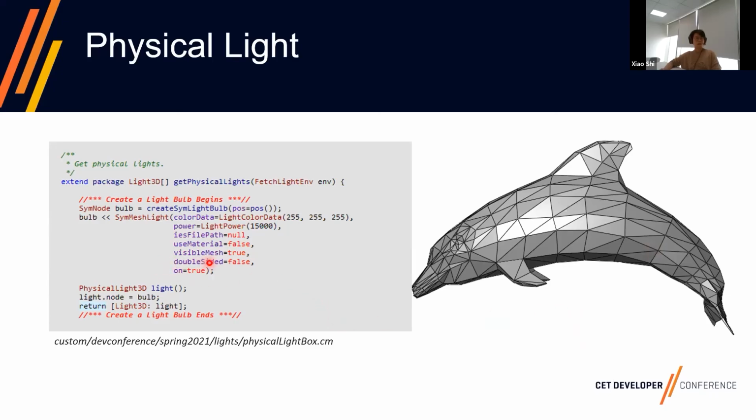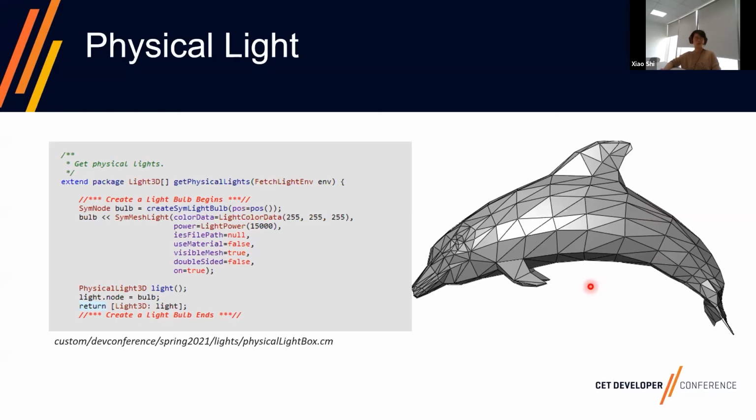And this double-sided means that inside of this model, it's actually hollow, and this mesh inside is also another side. So if you want to have that double-sided, then the inside of this whole model will also be shooting out light.